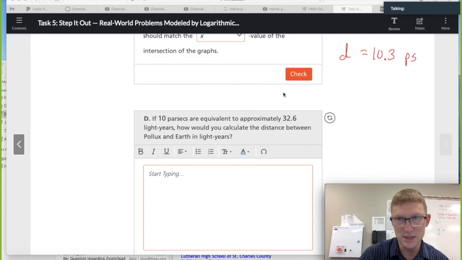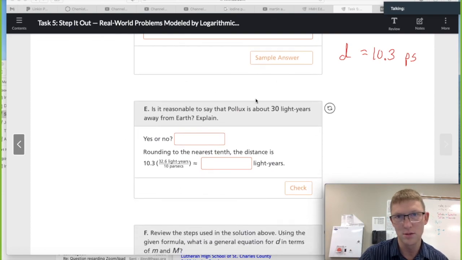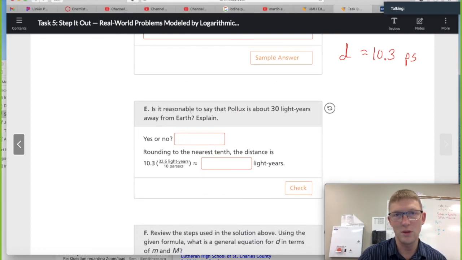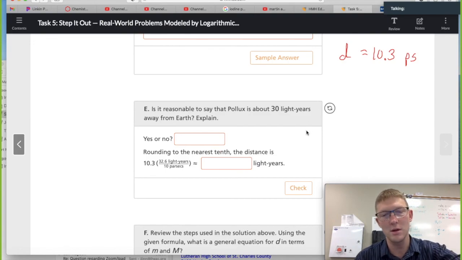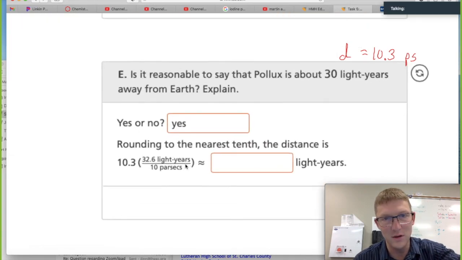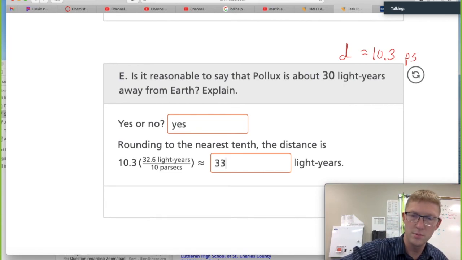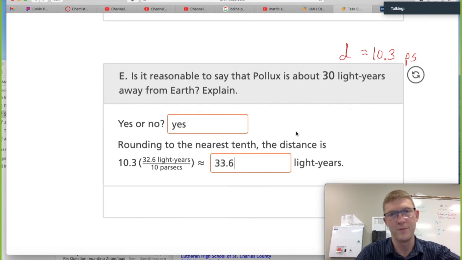So you can just set up a proportion, which we're going to do right here. Is it reasonable to say that Pollux is about 30 light years away? I'm going to say yes. Rounding to the nearest tenth, if you plug all this into your calculator, you get 33.6.